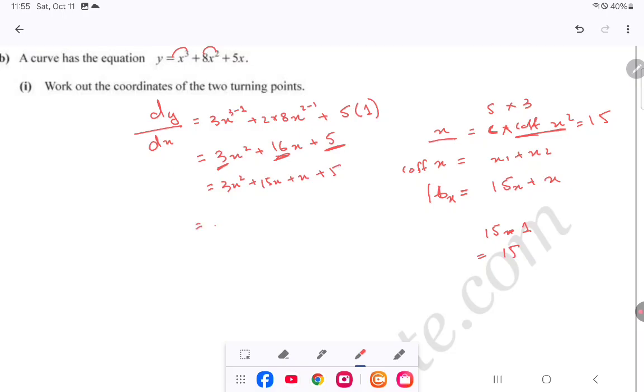Taking common, 3x times 3x plus 3 into 5 is 15, plus 1 x plus 5.